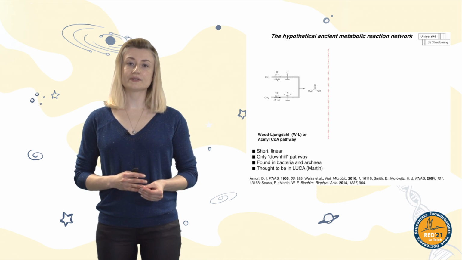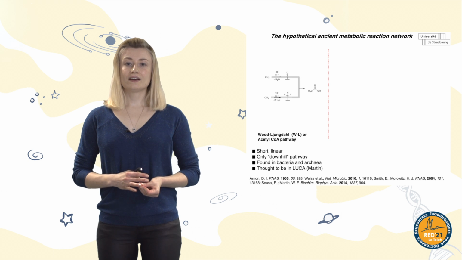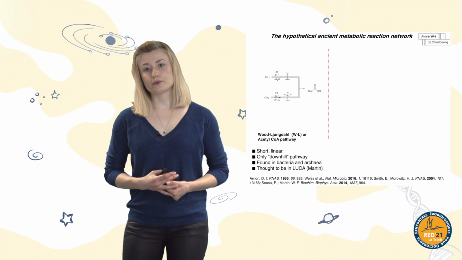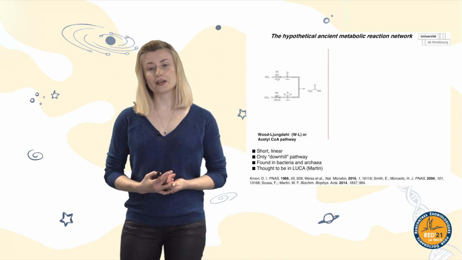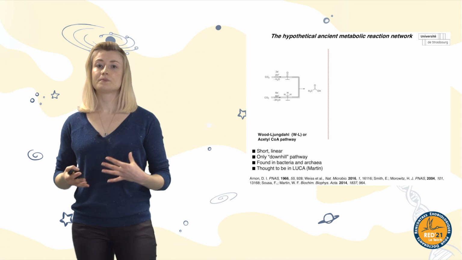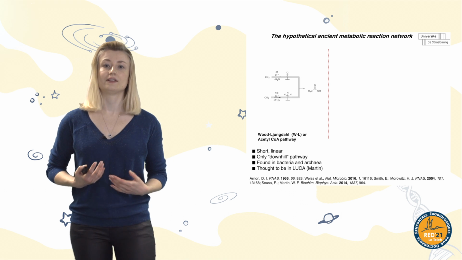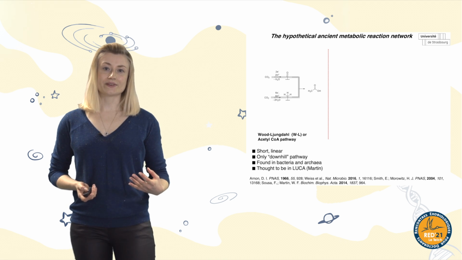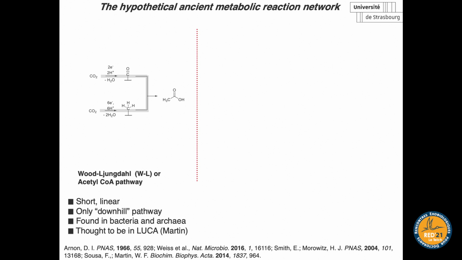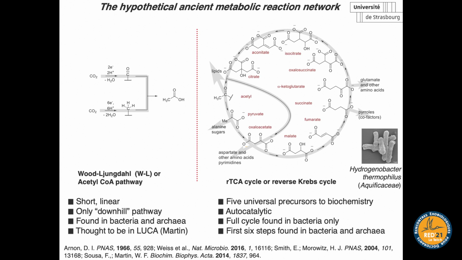It is the only thermodynamically downhill pathway, and it is used by both bacteria and archaea, and it has also been postulated to have been present in LUCA. LUCA is the last universal common ancestor to all known life. It is also the only linear pathway of carbon fixation that we know of. The other one is a bit more complicated. It is called the reductive Krebs cycle, or for short, the rTCA cycle, the reductive tricarboxylic acid cycle.